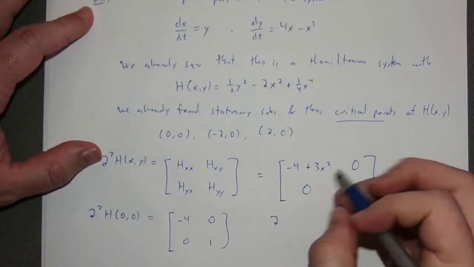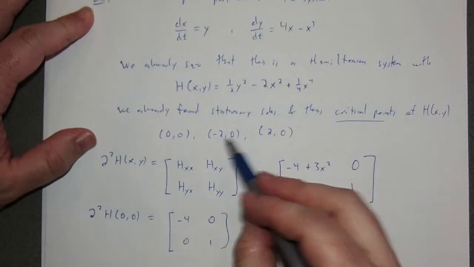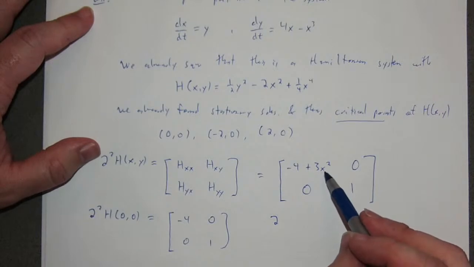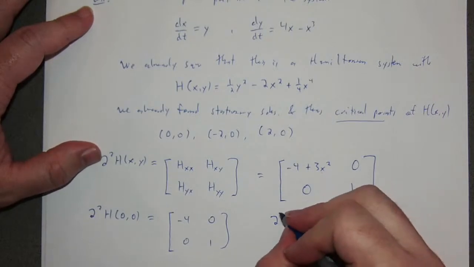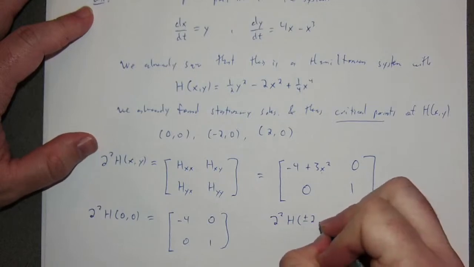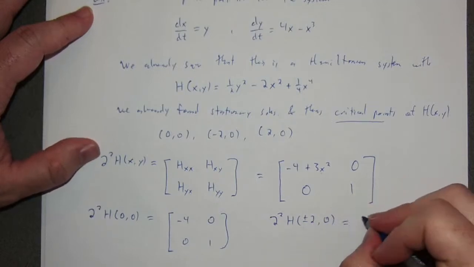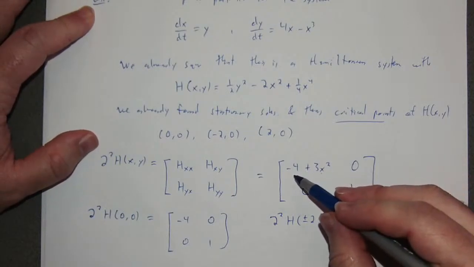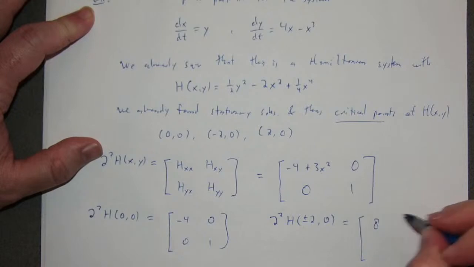Plugging in either (2, 0) or (-2, 0) doesn't matter, because the only thing plugged in gets squared, so these are the same. I get 3 times 4 minus 4, so that's 8. So this is 8, 0, 0, 1.